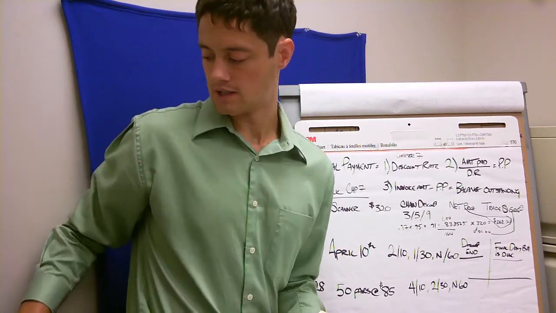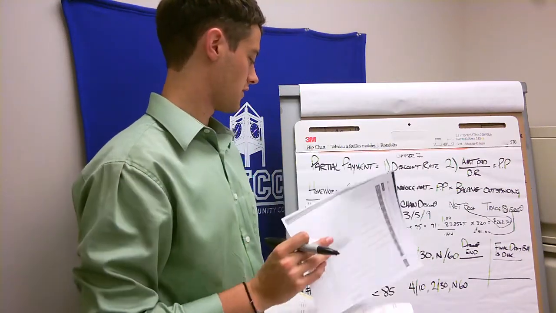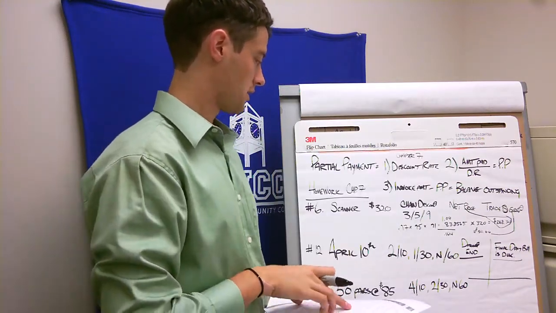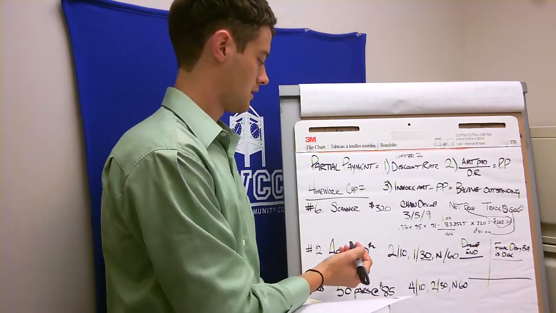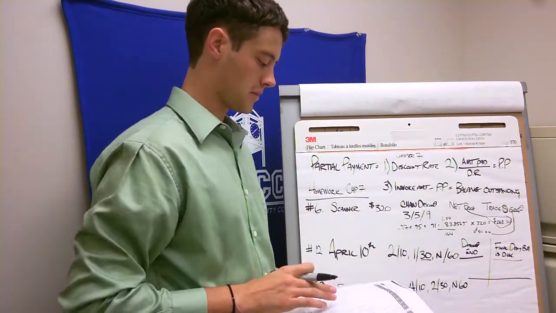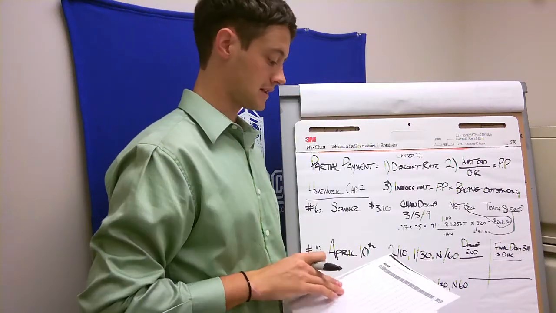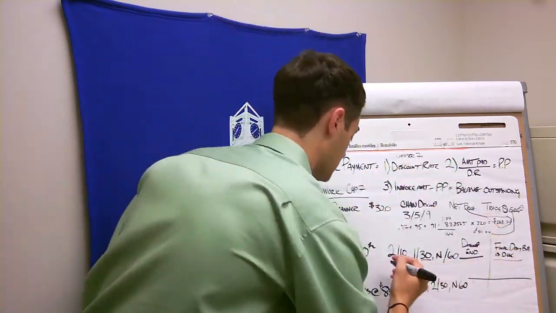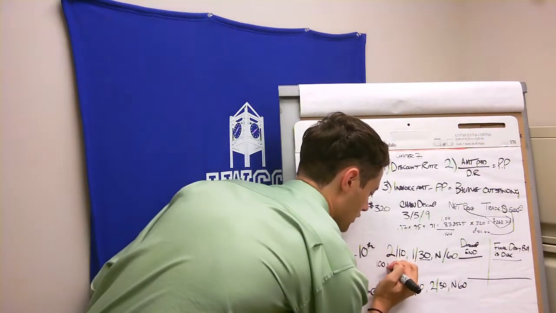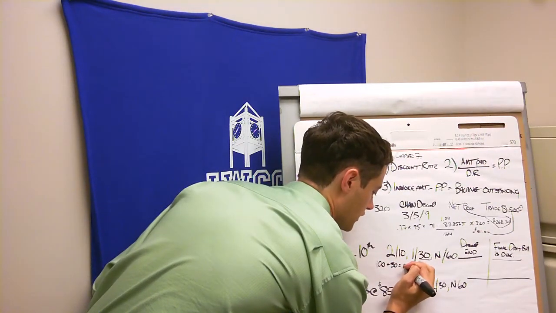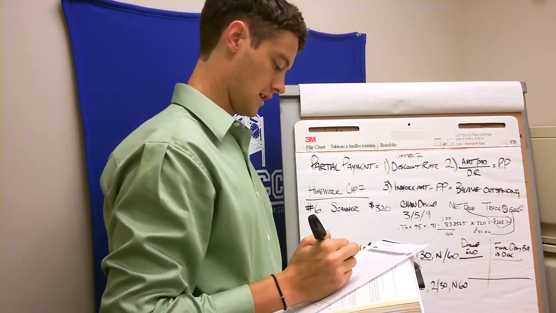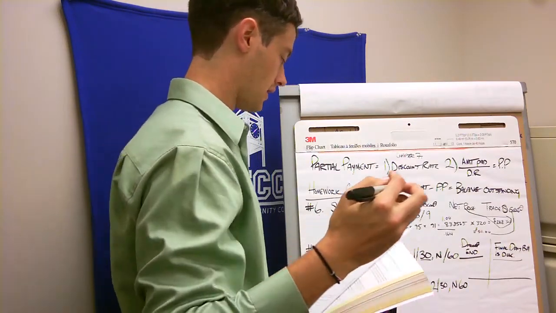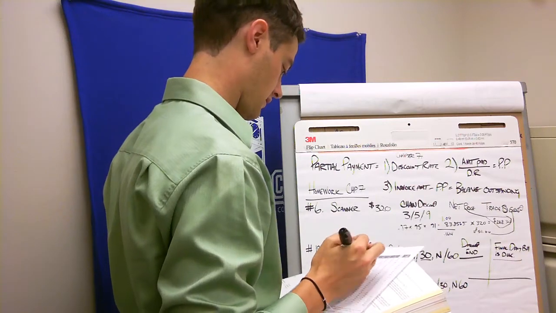So I'm going to grab my sheet to make sure I know everything. But the discount period is 30 days after April 10th. Okay, well, April 10th, I look it up on my table, and it says it's 100. So I can go 100 plus 30 equals 130, and then look up 130, and it says 130 is May 10th.